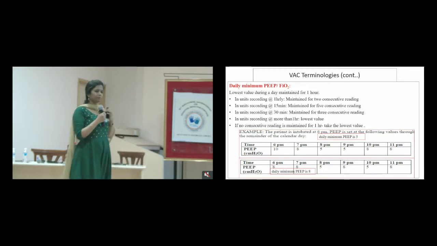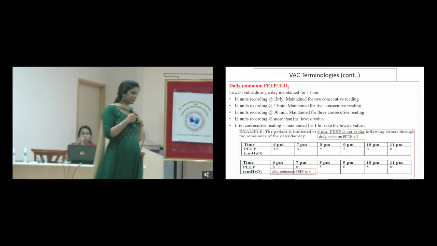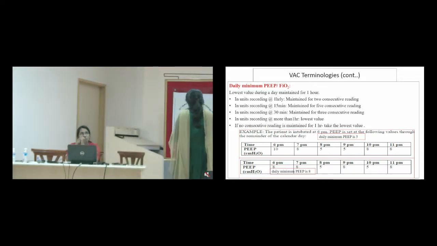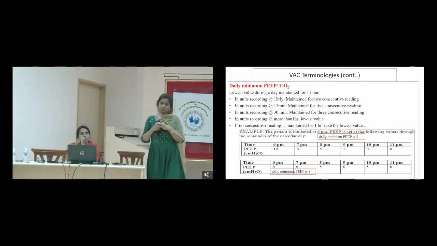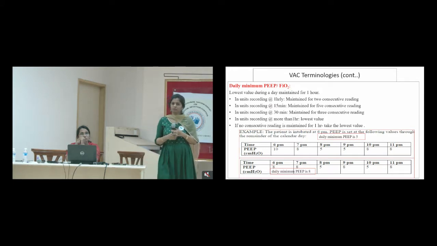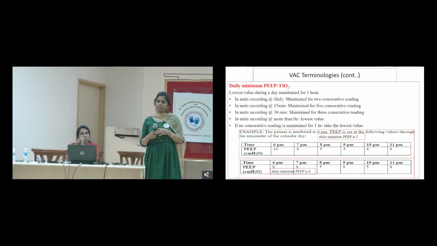The reason behind why all these are required is, who is maintaining the ventilator setting, the infection control nurses or the ICU people? The ICU people maintain it. Depending upon their strategy, they will monitor every 1 hourly, every 4 hourly, every 15 minutes.